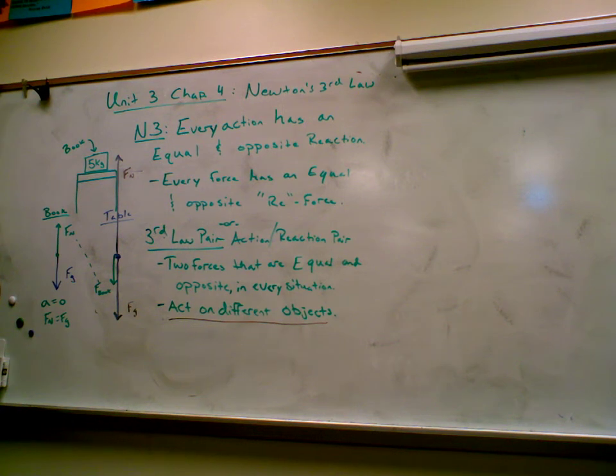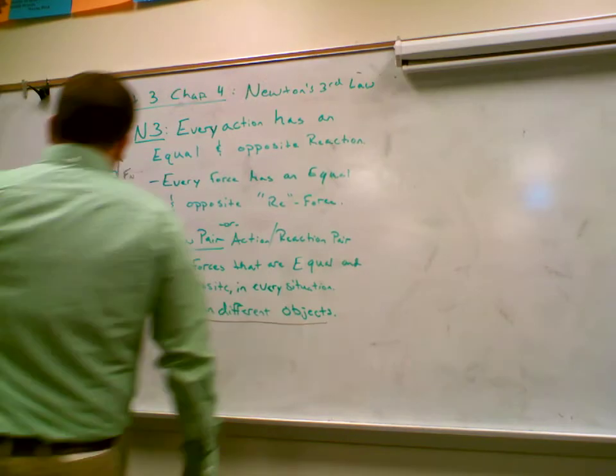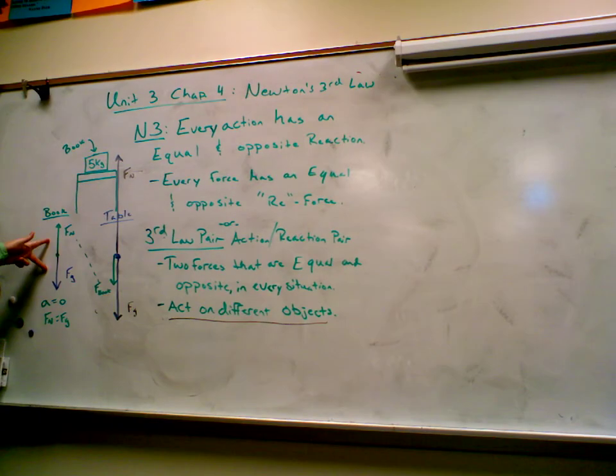So what do you mean by that? They act on different objects. Initially, when we did the free body diagram for the book, we said force of gravity and force normal. Some of you assume that these two, force normal and force gravity, were a third law pair, right? Okay.